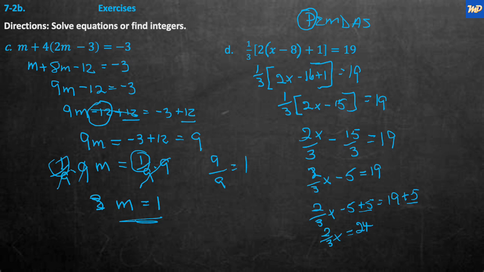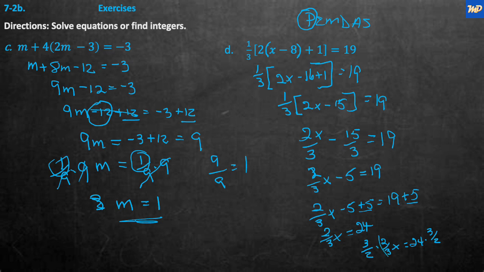So now we're going to multiply this through by the multiplicative inverse, or the reciprocal. Well, the reciprocal is 3 halves. We just turned it upside down, put the 3 on the top and the 2 on the bottom. The reciprocal of 2/3 is 3 halves. Just flip it over. So 3 halves times 2/3 x equals 24 times 3 halves.